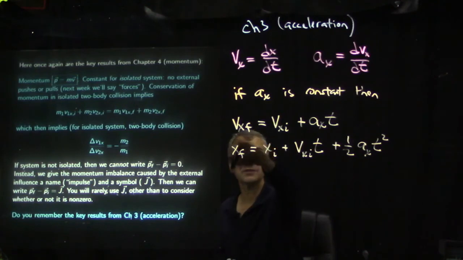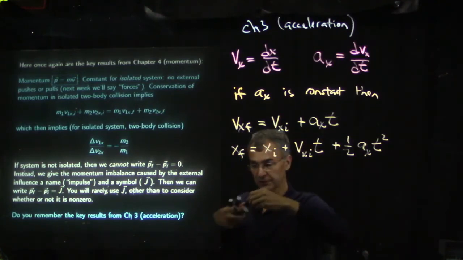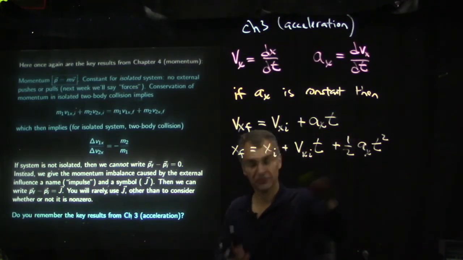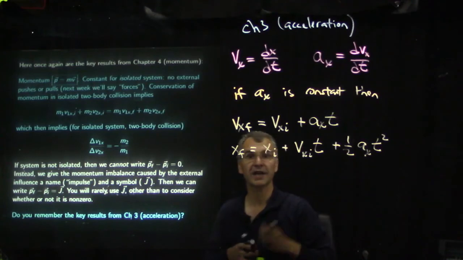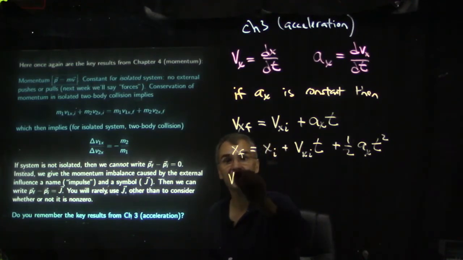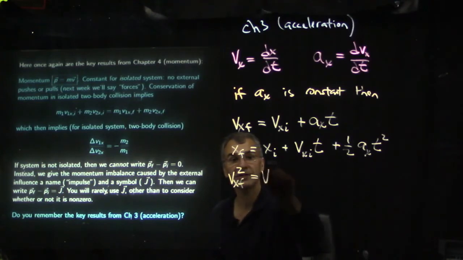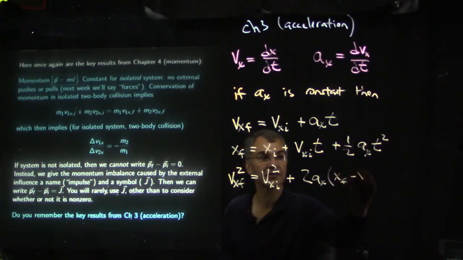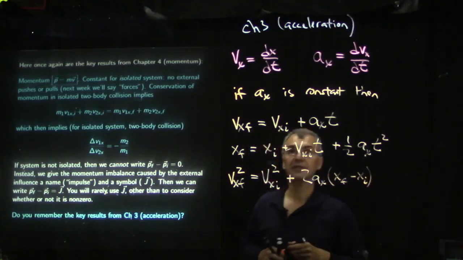And then if you solve this equation for t and then plug that t into this equation, what you get is v sub x final squared equals v sub x initial squared plus 2 a sub x times x final minus x initial.